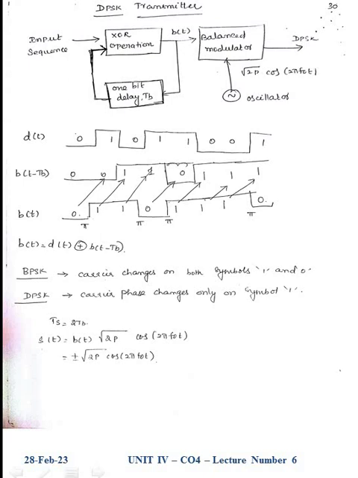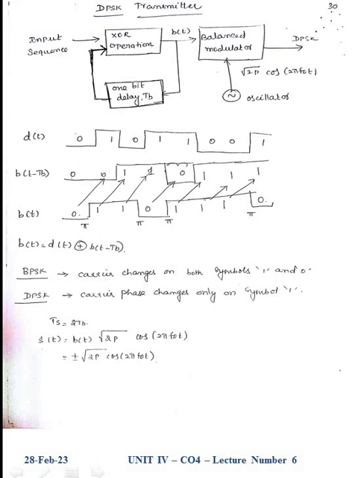This is the block diagram for the DPSK transmitter. It consists of one XOR operator, a 1 bit delay element and a balanced modulator. The input sequence is given to the XOR operator, and here we are introducing a 1 bit delay. So zeros and ones are given to the XOR operation, and based upon the previous outcomes of b of t, this XOR will produce the outcome.